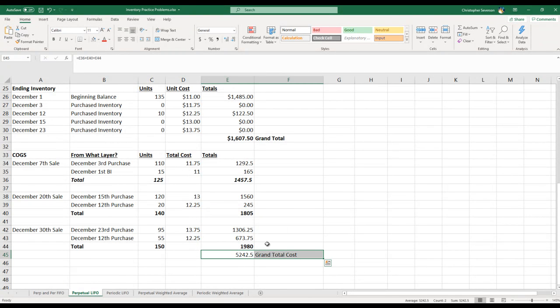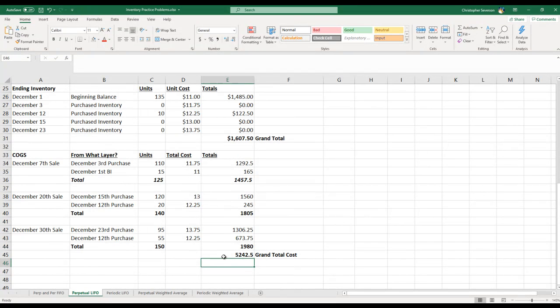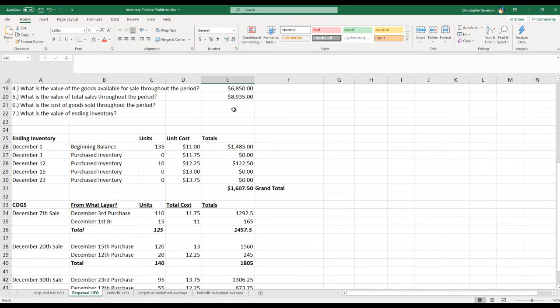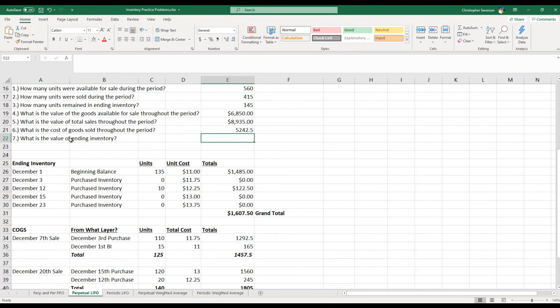And we have 52, 42, 50. So our answer here, cost of goods sold throughout the period, that would be the 52, 42, 50. I'm just going to reference that cell. The value of ending inventory, we've been updating that along the way. We have 1607.50 left.